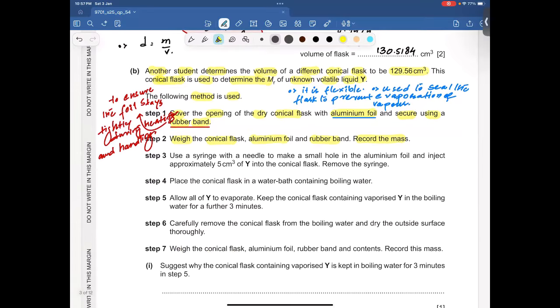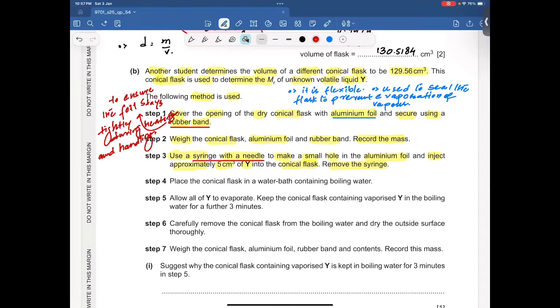Next, use a syringe with a needle to make a small hole in the aluminum foil and inject approximately 5 cm cubed of liquid Y into the conical flask. Remove the syringe. Why do we need a syringe with a needle?